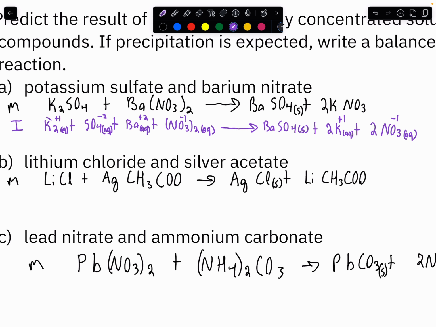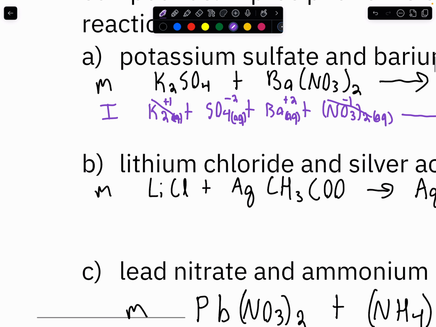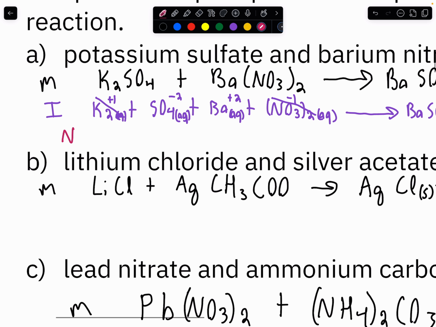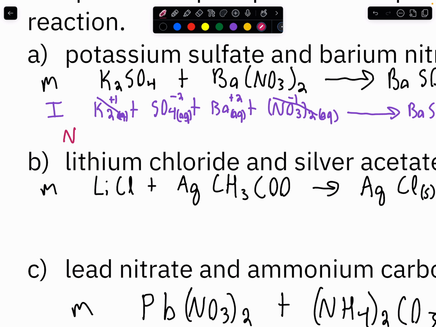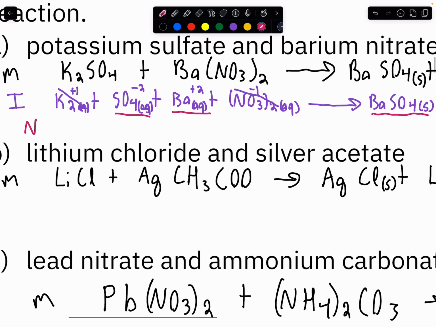Now we can cross out our potassiums, and we can cross out our nitrates. So now what we're left with, and I'm going to put N for net ionic, is our barium in front of our sulfate, just for consistency of how we write it down.